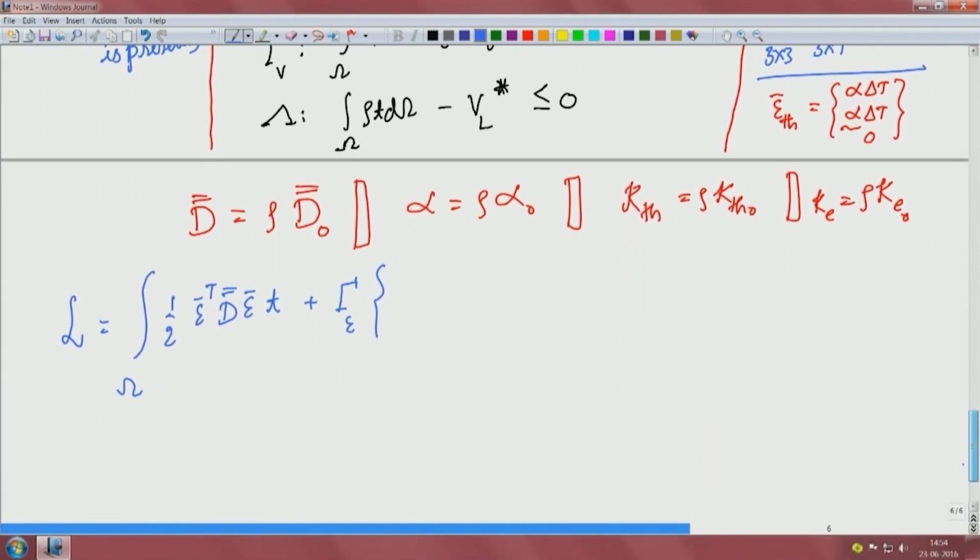So, we will write that epsilon transpose D epsilon, and then epsilon transpose thermal D epsilon.